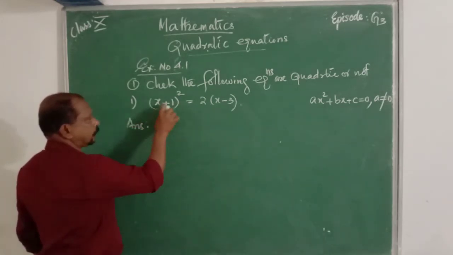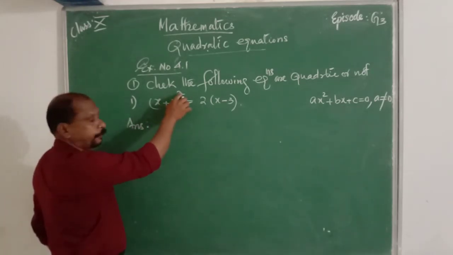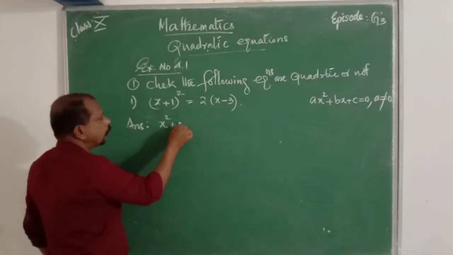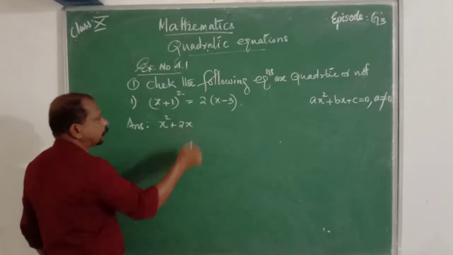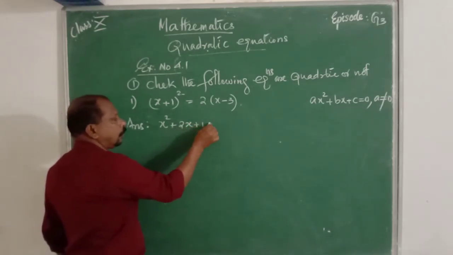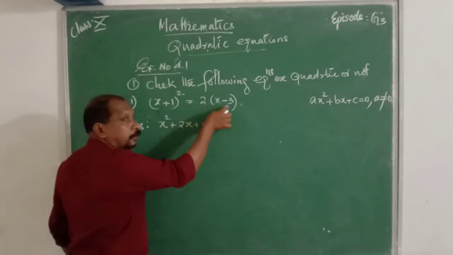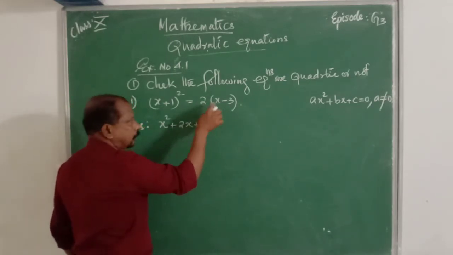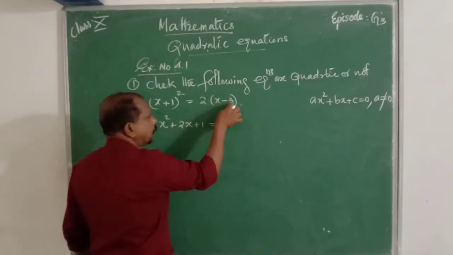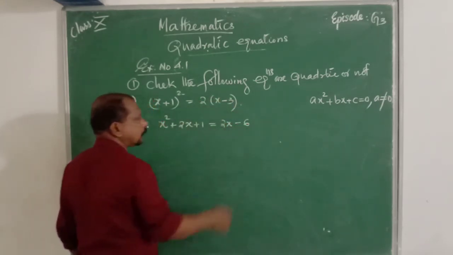Answer: (a plus b) the whole square is a square plus 2ab plus b square. That is x square plus 2x plus 1 square, which is 1, is equal to, by the distributive law, 2 into x, that is 2x, and 2 into minus 3, that is minus 6.